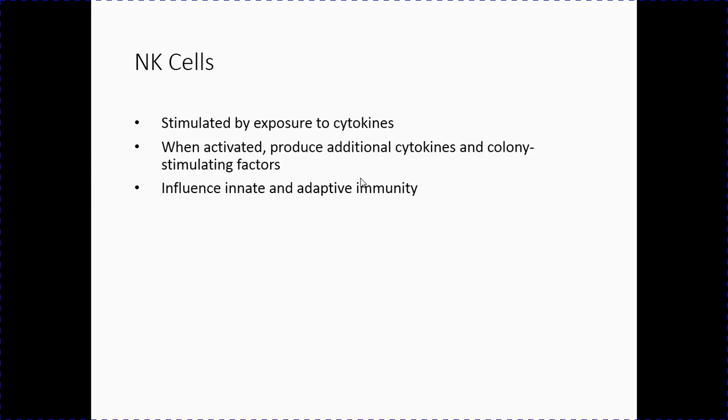This process of activation of natural killer cells, it's one of those things that crosses both the innate and the adaptive immune response, in that the natural killer cells can immediately kill a cell, kill a pathogen, or a cell containing a pathogen, for example, a cell containing a virus.